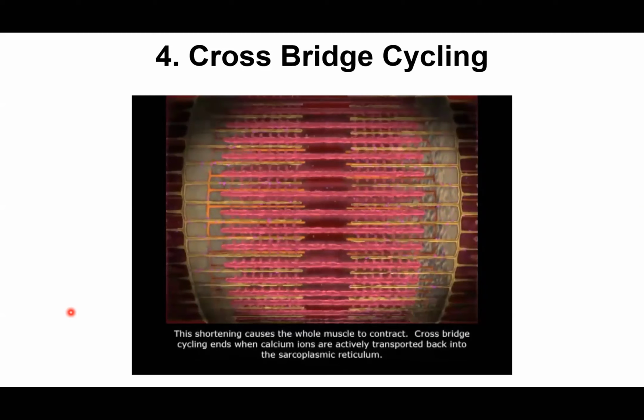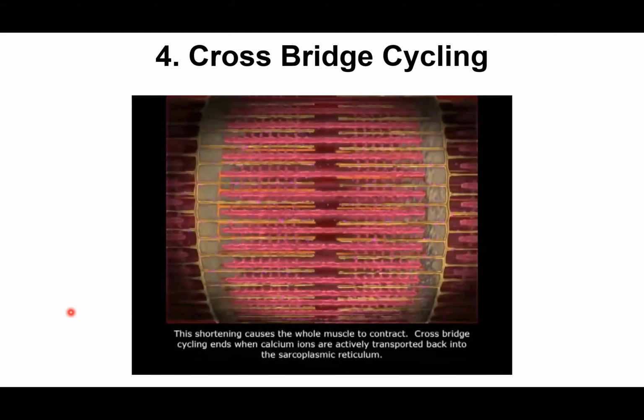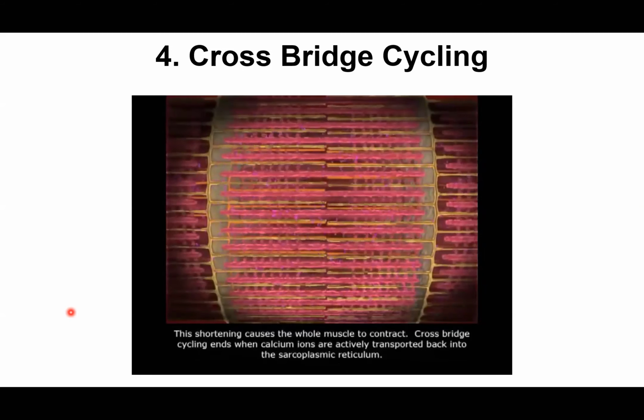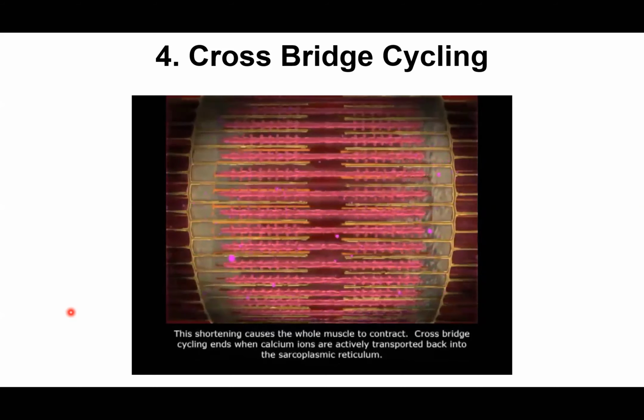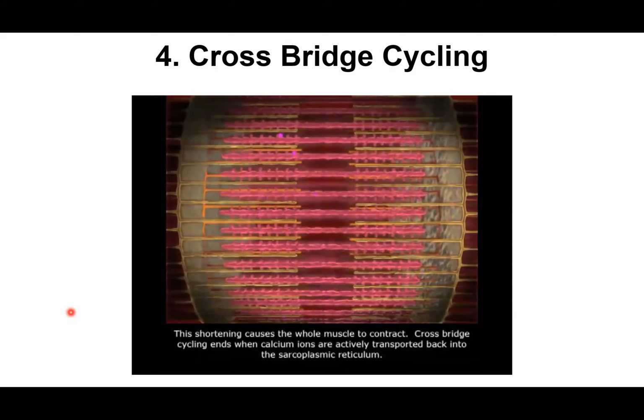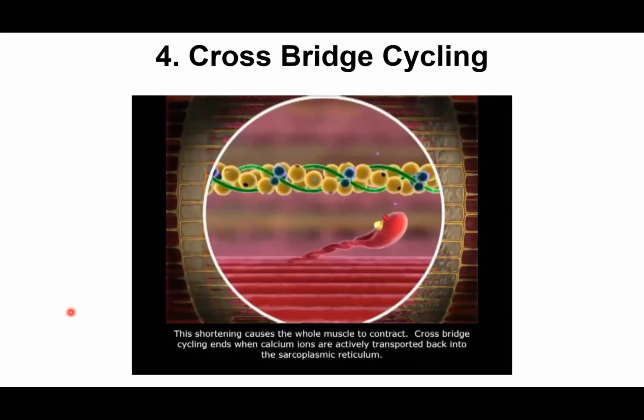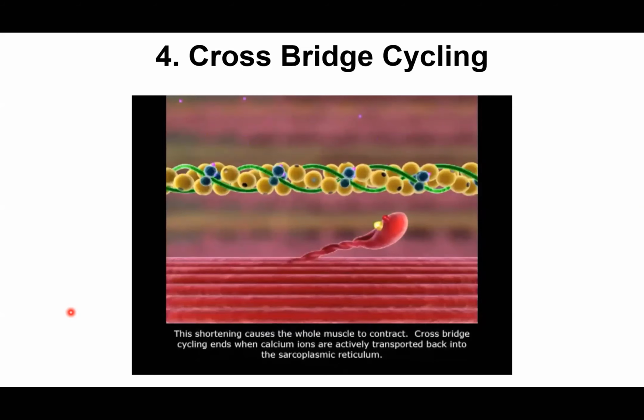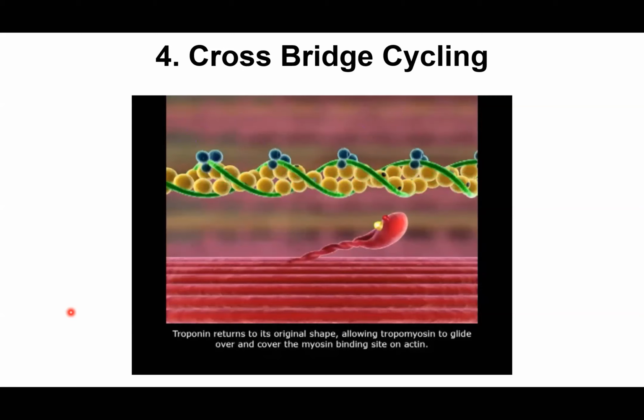This shortening causes the whole muscle to contract. Cross-bridge cycling ends when calcium ions are actively transported back into the sarcoplasmic reticulum. Troponin returns to its original shape, allowing tropomyosin to glide over and cover the myosin-binding site on actin.